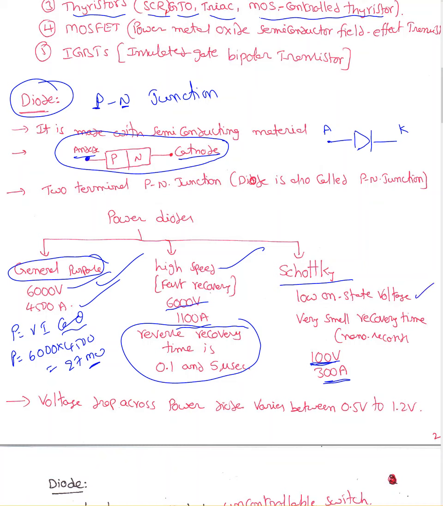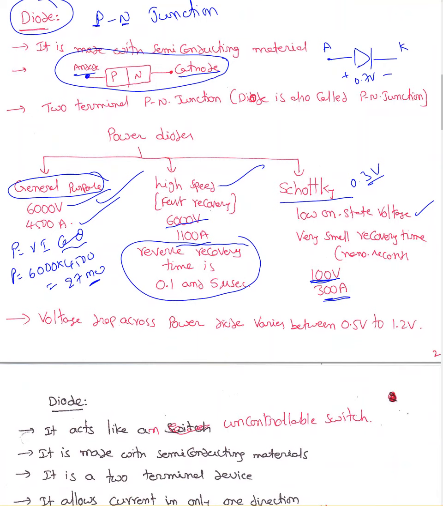For the Schottky diode, the voltage drop is around 0.3 volts and the response time is fast. The voltage drop across power diodes varies between 0.5 to 1.2 volts. I'm talking about the general purpose and high speed diodes, but for the Schottky diode, it's going to be 0.3 volts.